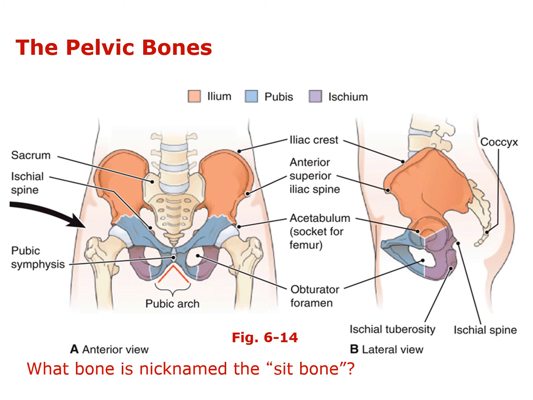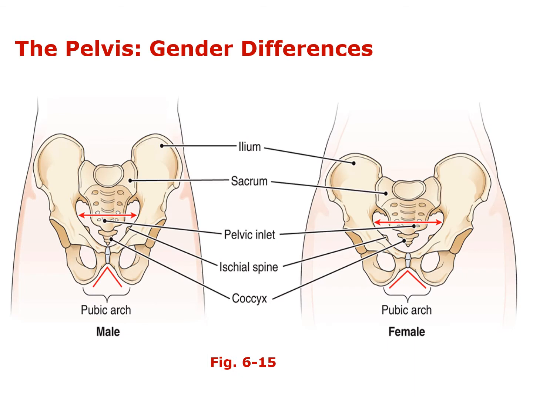So again, here's the ilium. The ischium is the purple one, and the blue one is the pubic. So the front's the pubic, and the back bottom is the ischium.